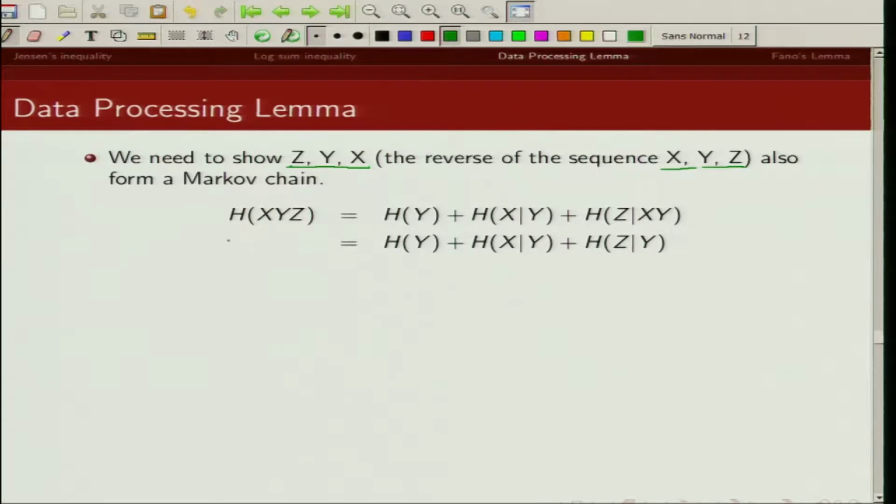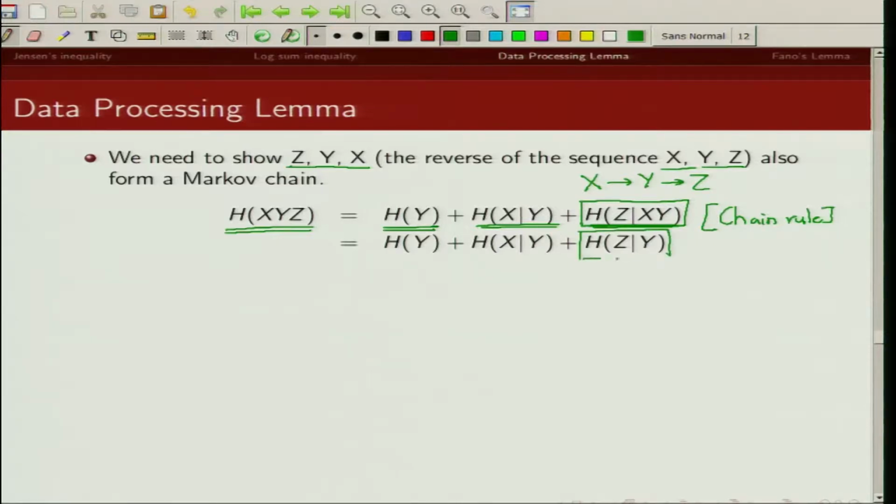To prove this, we will first consider the joint entropy of x, y and z, and applying the chain rule we can write this as uncertainty in y plus uncertainty in x given y plus uncertainty in z given x, y. Now since x, y and z form a Markov chain, we know that uncertainty in z given x, y is the same as uncertainty in z given y.